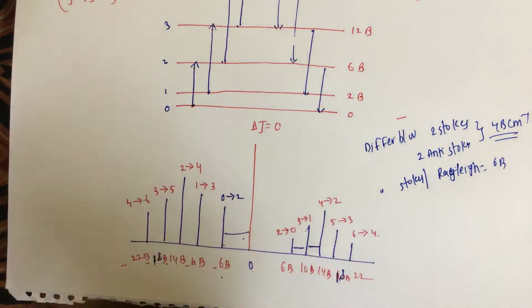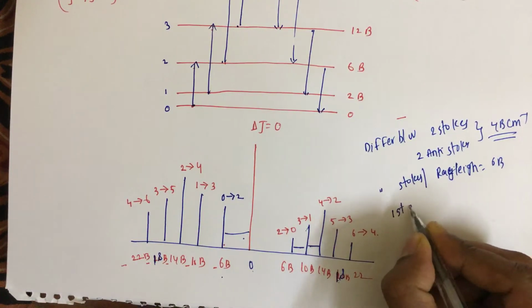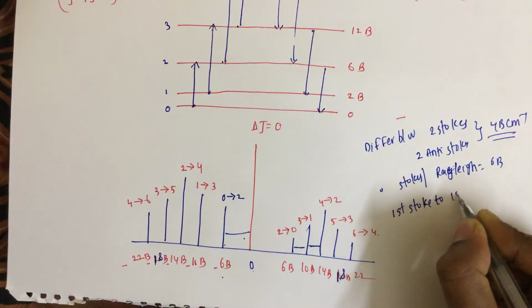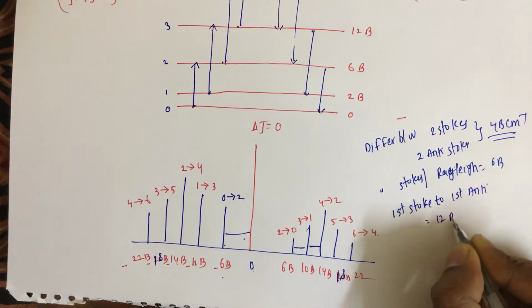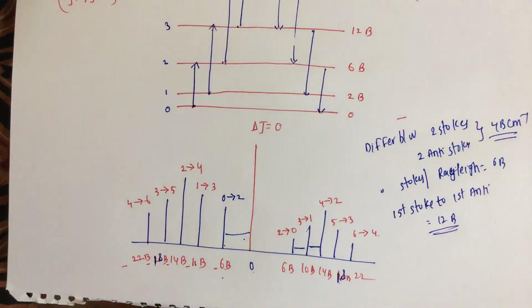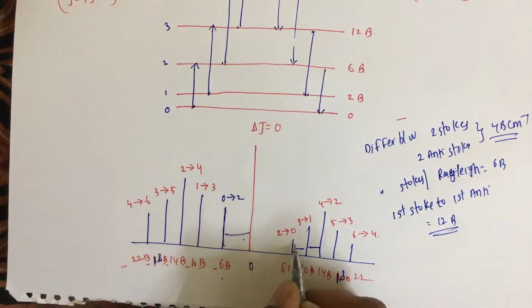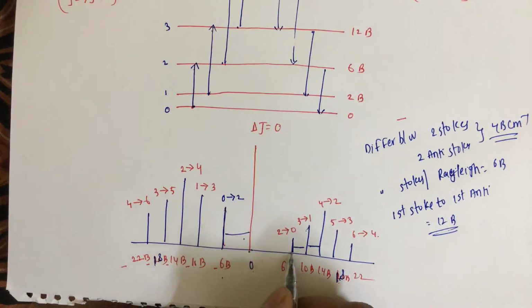And now this is very important. The difference between the first Stokes line and the first anti-Stokes line will be 12 beta, because we are talking about this line and this line. From here to here 6 beta, and from here to here 6 beta.